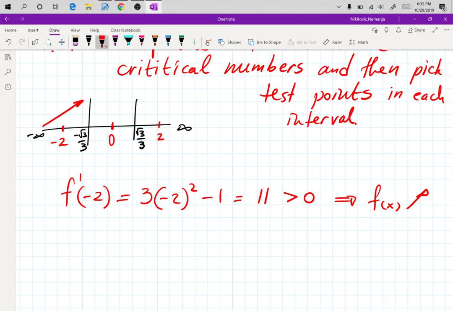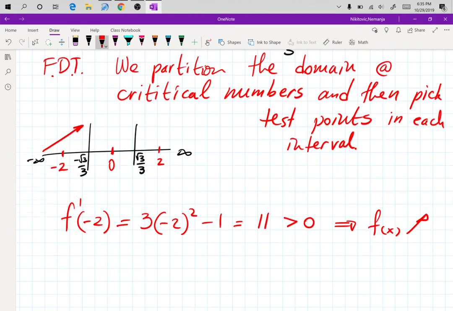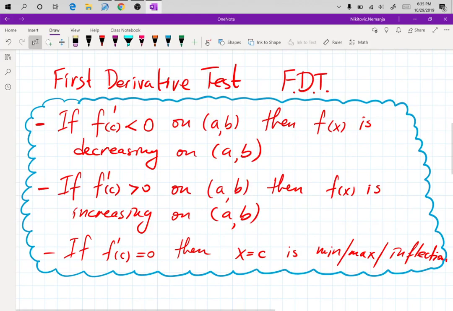So you have to memorize the statement, guys, in the cloud, because once you do your partitions using the critical numbers, you know how to find critical numbers. You set the derivative equal to 0, those numbers pop up. When you do the partitioning, you will have a number of partitions, maybe 2, maybe 16, I don't know.